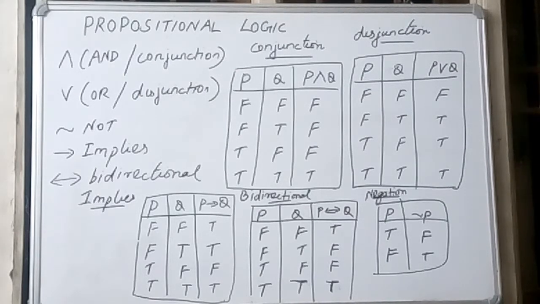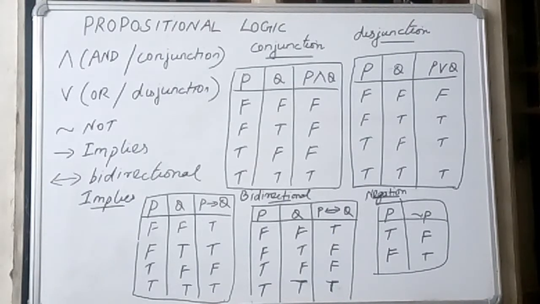That is bidirectional, and then the negation. So what is negation? Once we supply some value, true or false, it will give the not value. Suppose if you give true, that is 1, to P, it will automatically become 0.